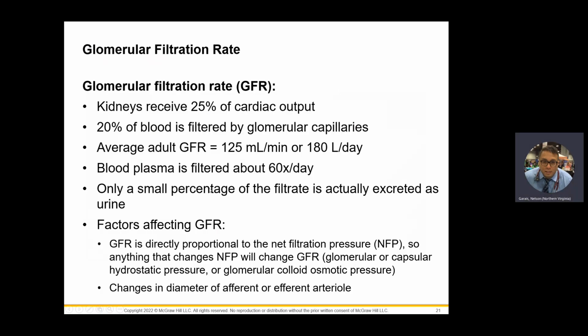Now, what's GFR? Don't need to know these numbers. GFR is your glomerular filtration rate. GFR is how fast or how slow your glomerulus filters things. Hence the term glomerular filtration rate.